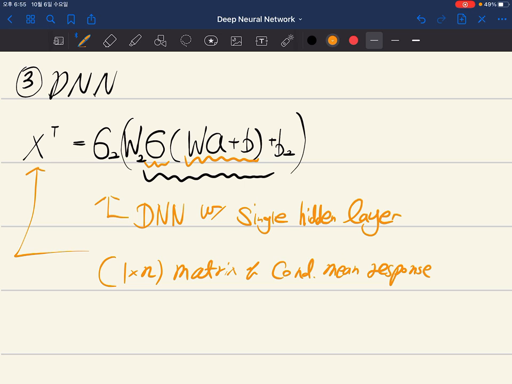So we're assuming that the functional relationship between the conditional mean and the covariates is nonlinear, and to be more specific, it takes the structure of the deep neural network.